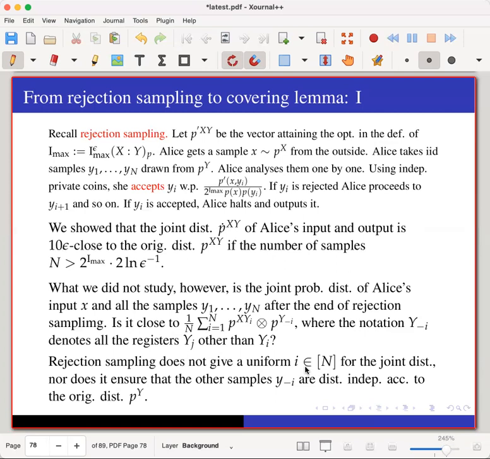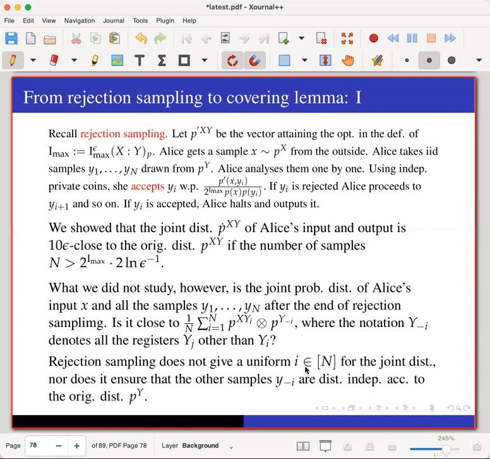This is saying that instead of doing all this rejection sampling business, you can start out with a completely product distribution, which is px times py1 py2 up till pyn. And you can pretend that distribution is close to this. Once you pretend that, it simply means that you toss an n-sided coin, and whatever value of I that coin gives you, you just pick up that value of yi.